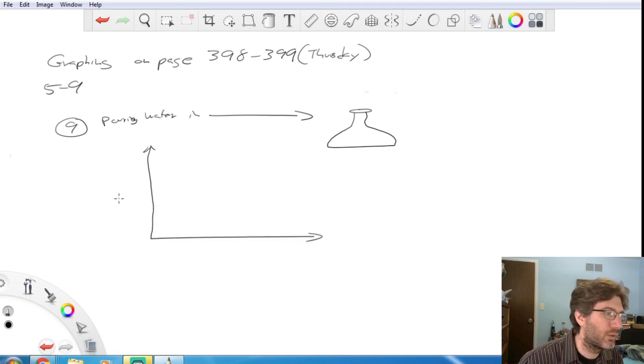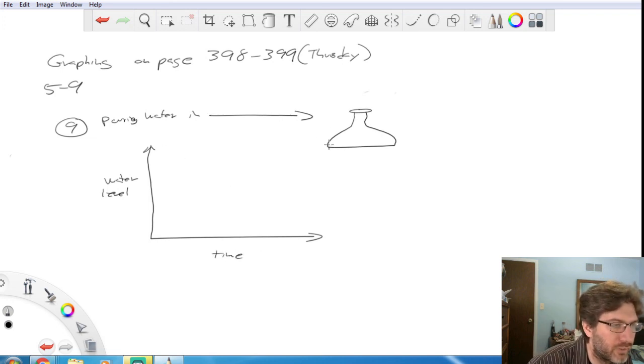Here we're going to have probably the height of the water, or are we going with speed? Yeah, you probably want water level. How high is it over here? And over here we have time. When you first pour the little bit in, it's not going to raise a lot.